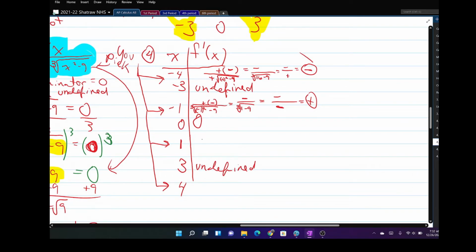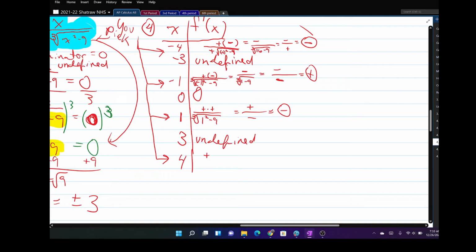And then let's check this one. So 4 was negative, 1 is positive. So on top, I have a positive. But on bottom, what do I have? I have that 1 being squared minus a 9, and I'm taking the cube root of that. Well, again, that's a negative number. So I have a positive divided by a negative, which makes this a negative.